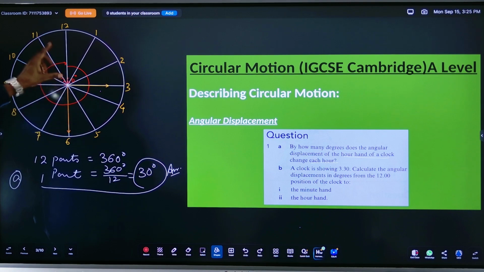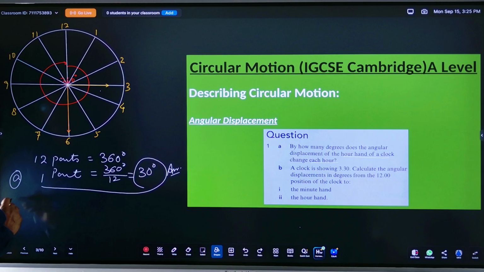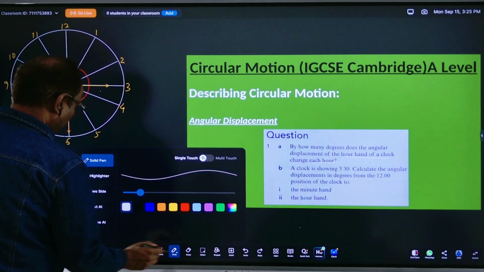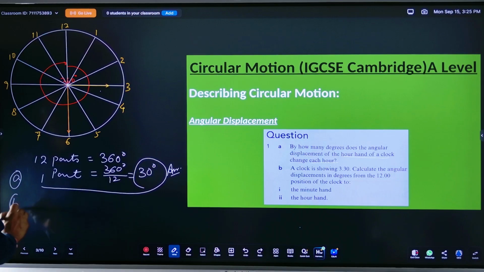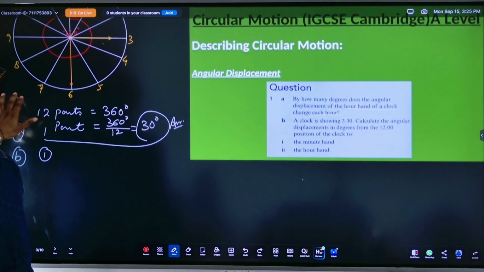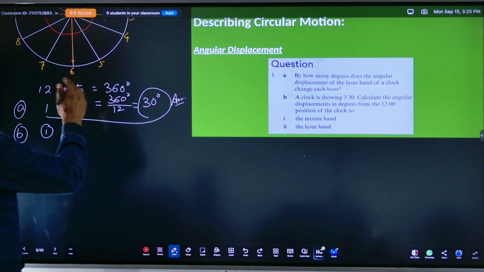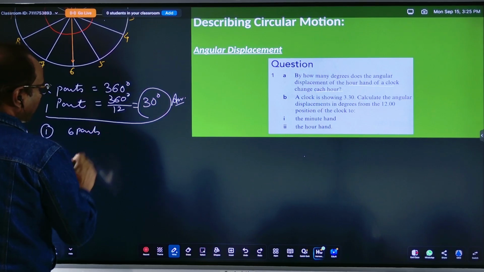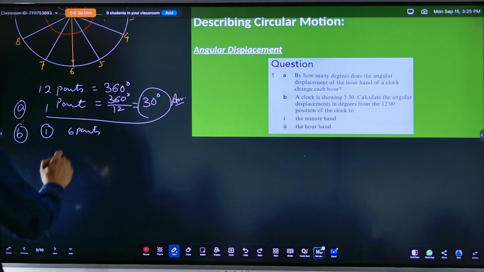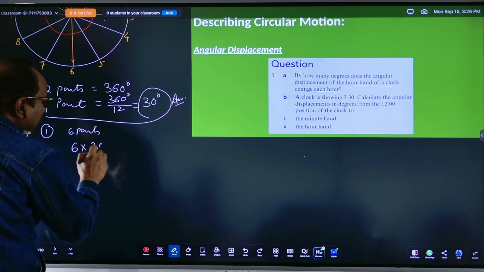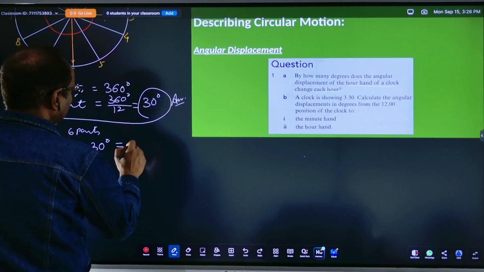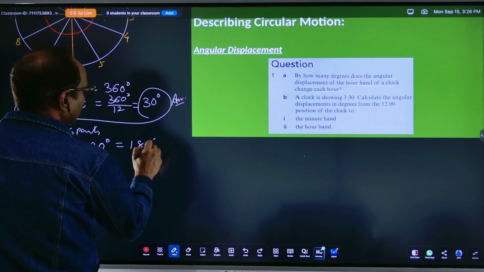So it is 6 parts, means 6 into 30 degree. Each part is 30 degree. So minute hand has the angular displacement of 180 degree.